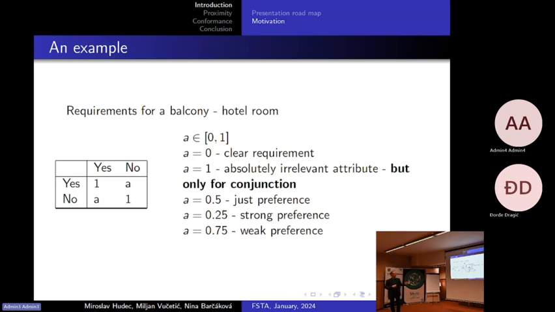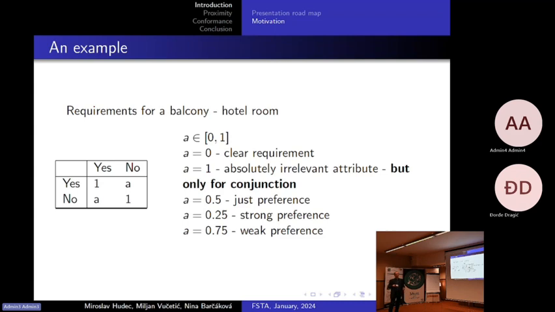Okay, so let me show you a very, very simple example. Let's say one atomic requirement is a balcony in a room, and the similarity between yes and no. When someone says that the hotel room must have a balcony, then yes and no have nothing in common, so it is clearly a requirement.